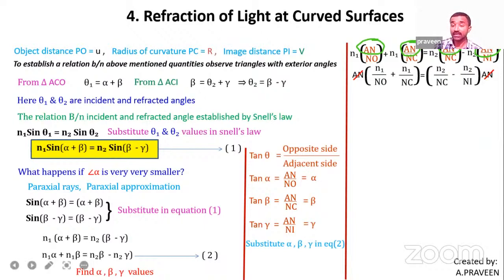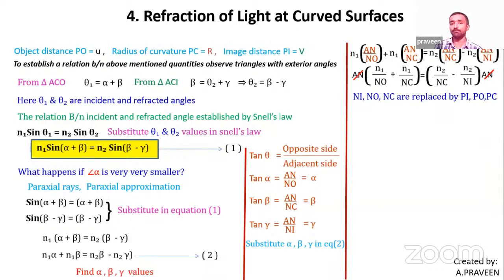Then what about NI, NO, and NC? In the diagram, we approximated that the light ray is incident very close to the principal axis, so alpha is small. Then when you draw a perpendicular, it is also very close, so this point N also moves to the left and at a certain place N coincides with P. So neglecting N, NI, NO, and NC are replaced with the points PI, PO, and PC.